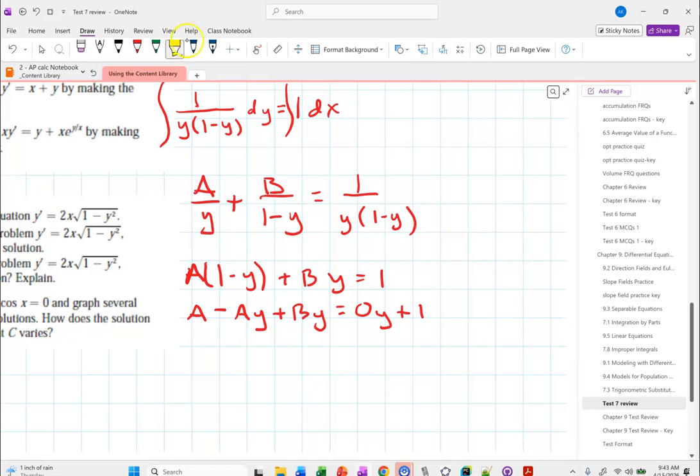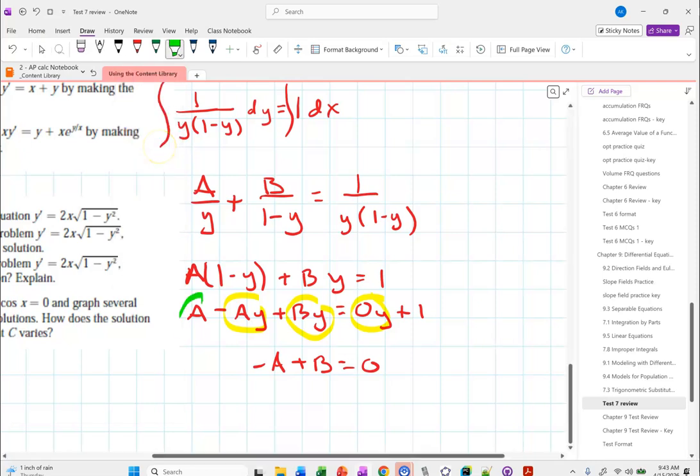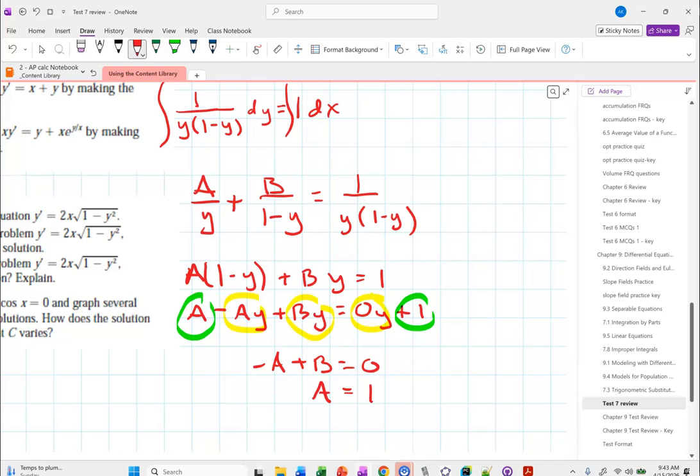So if I look, I see that negative a plus b has to give me 0 for the variable coefficients. And for the constants, we have just a is equal to 1. If a is 1, then b is 1, because negative 1 plus 1 is 0.